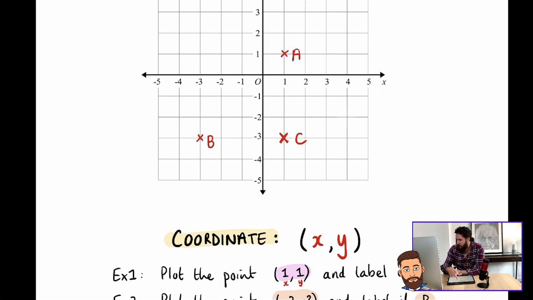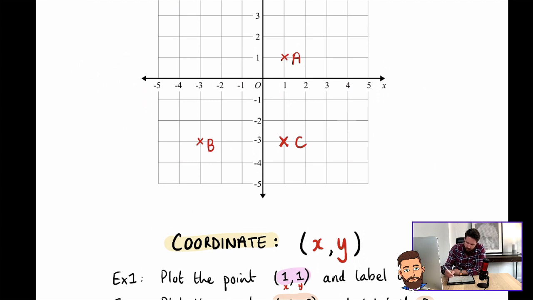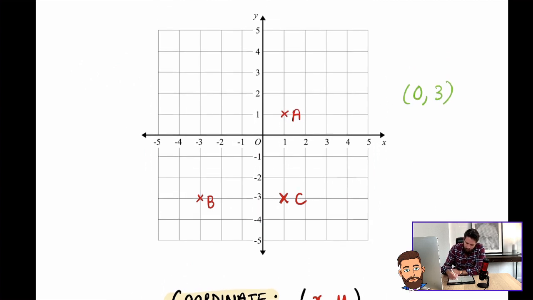So a very good question asked in the comments is, what would 0, 3 be, what quadrant would that be represented in? That was a really, really good question. Well, 0, 3: if I start at 0 and I go across 0 and up 3, it actually isn't in a quadrant.